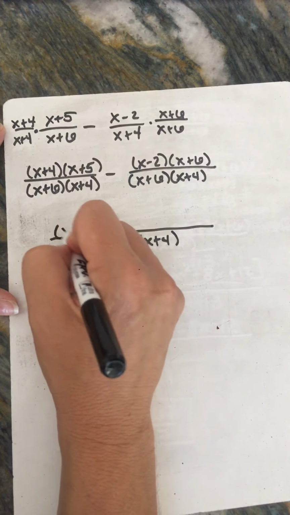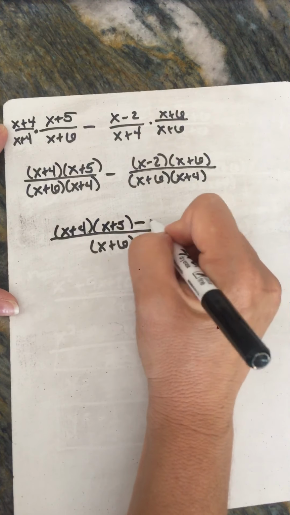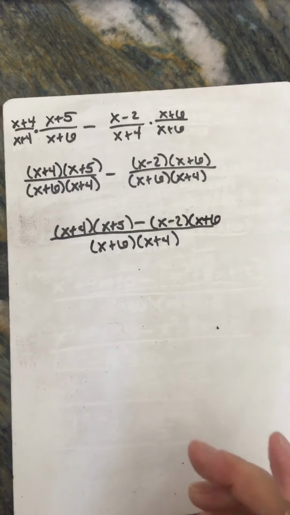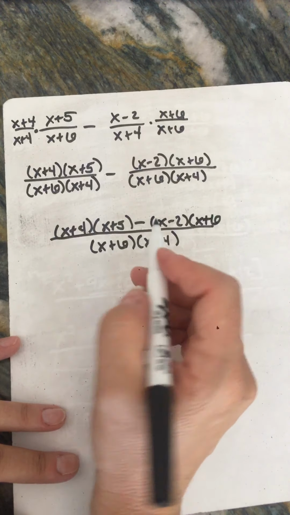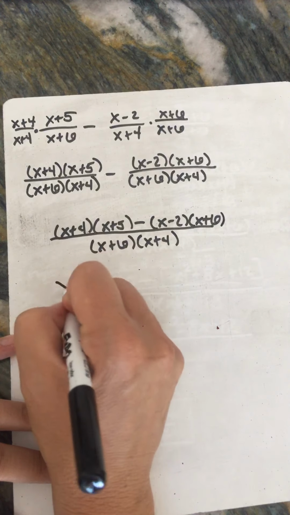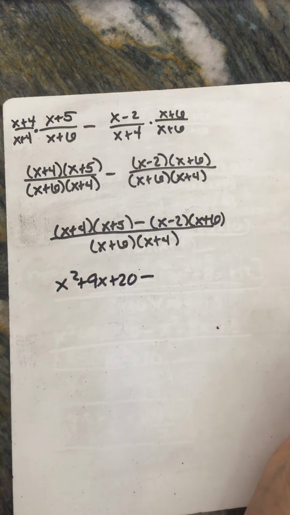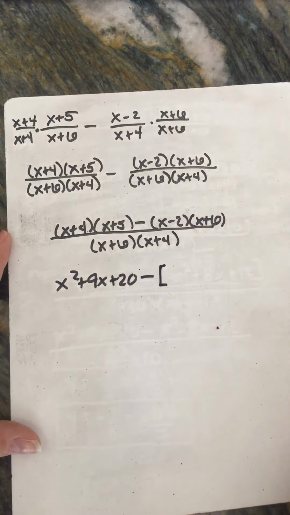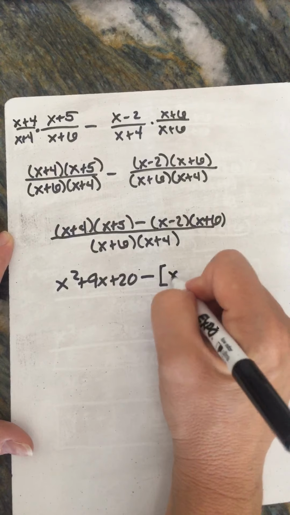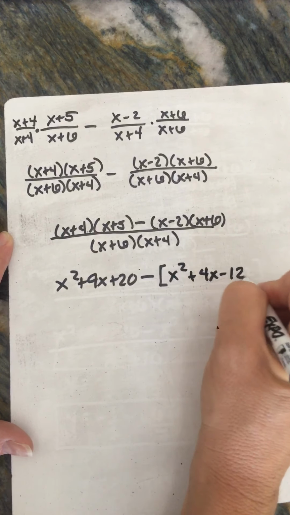Okay, here we go. x plus 4 times the quantity x plus 5 minus x minus 2 times the quantity x plus 6. Now we're going to do our distributing, okay? We need to be very careful when we get to this second term over here. So this will be x squared plus 9x plus 20 minus. Now here's what I do. I like to put a bracket or a parenthesis when I do the distributing over here. So x squared plus, that'll be 4x minus 12.